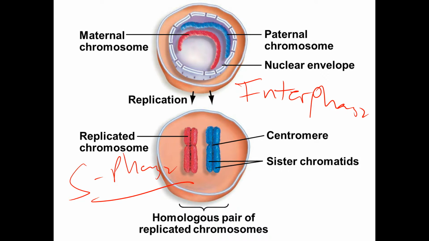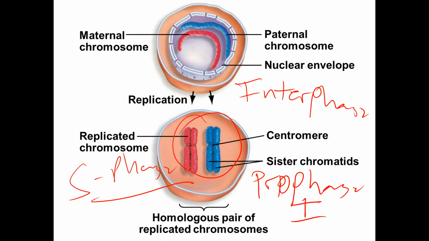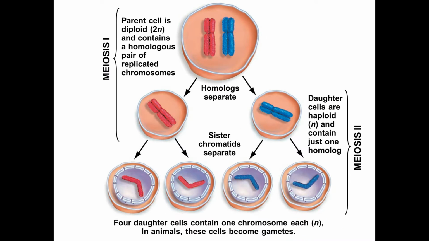Then your homologous chromosomes pair up during prophase 1. So your homologous chromosomes are paired up, during meiosis I they pair up, and then at the end of meiosis I, you end up with 2 daughter cells.